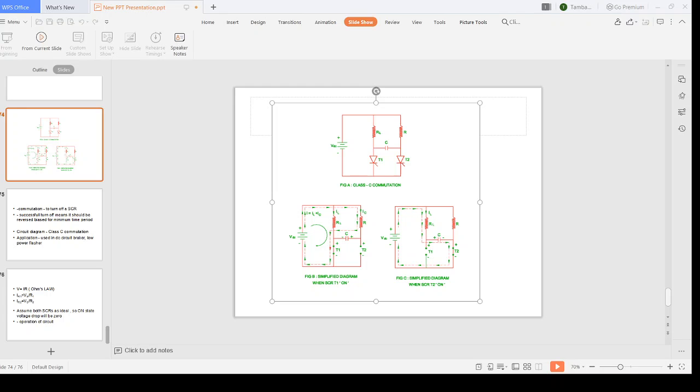When you explain the operation of class C type, first draw the structure or circuit arrangement diagram, then explain the operation in the first mode, and in figure C you have to state the operation, and these two thyristors T1 and T2 will be turned on and off one after another. This thing you have to explain.